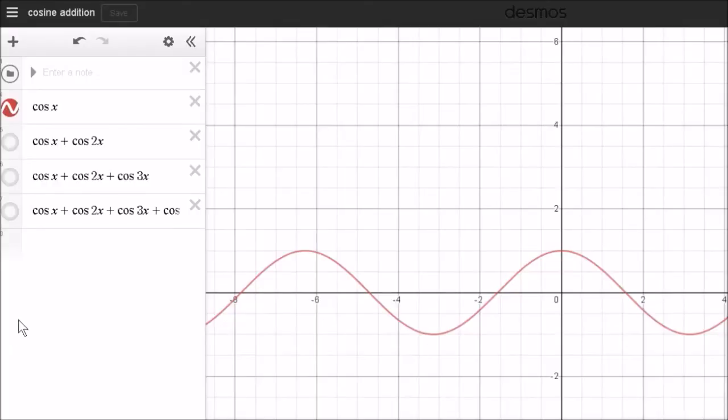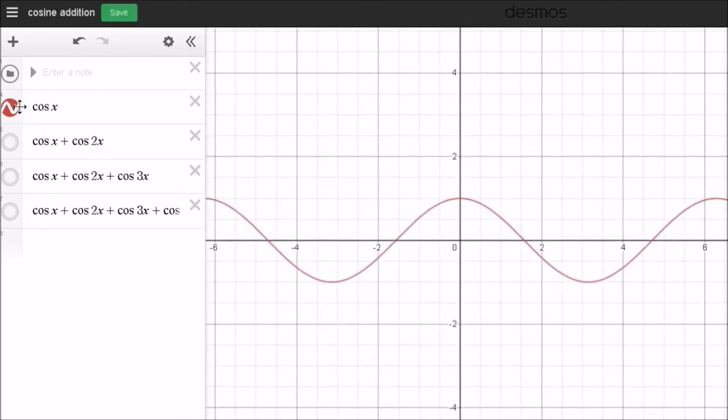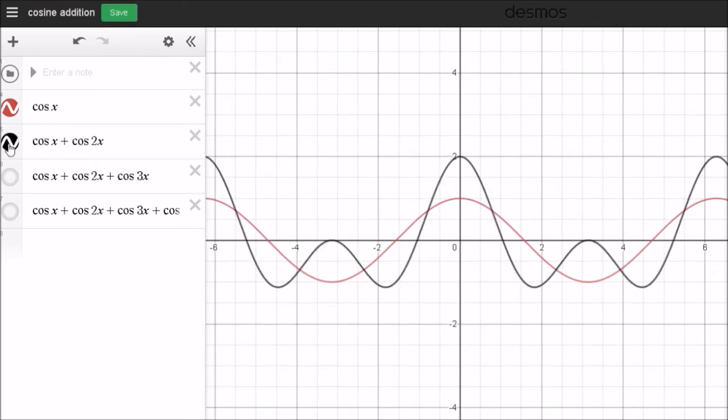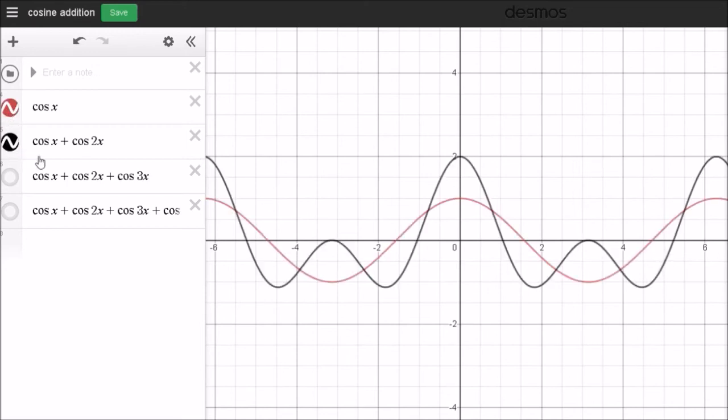So let's see what happens when we start adding up cosines of integer multiples of frequency. We've got one cosine here, so this is cos x. Now if I was to change this and make it cos x plus cos 2x, we would get this here. And already straight away you can see that we're starting to focus the power at just one point.